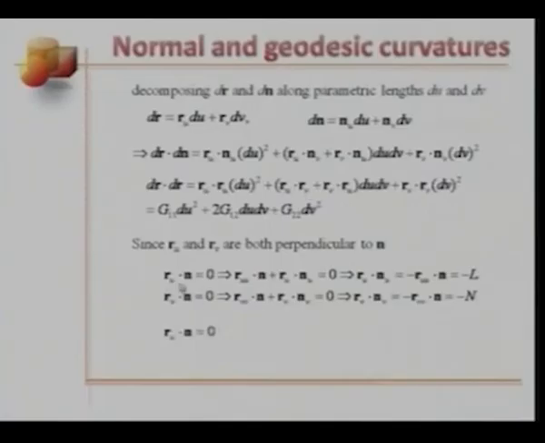Let's use this relation again and differentiate this with respect to v. So we'll get the mixed derivative here, r uv dotted with n plus ru dotted with nv equals 0, and this implies that ru dotted with nv equals minus of r uv dotted with n, and this result here is equal to minus of m, the second or the third element of D, the second fundamental matrix.